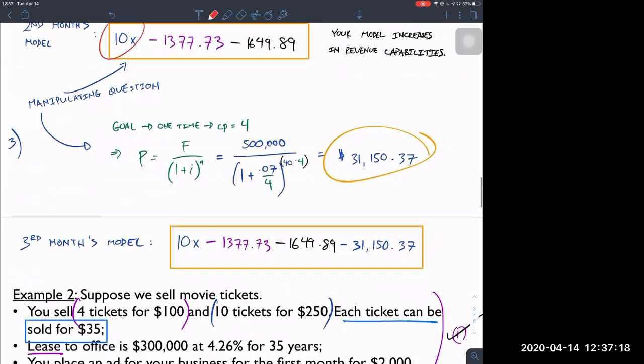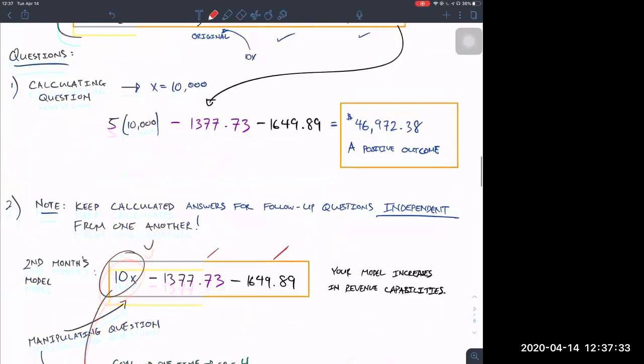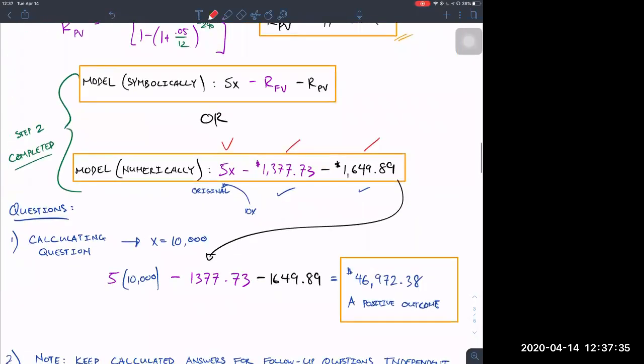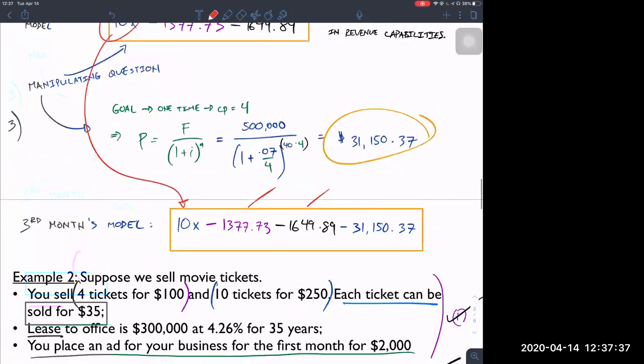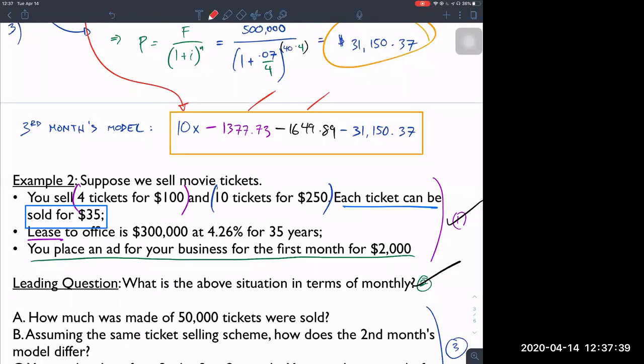Now, when you move to the third month right here, again, notice how that's the recurring payment, and notice how this 10 stays the same, right? There's no reason for you to revert back to the original 5x, which was right here, right? When you're on this third month now, there's no reason to revert back to 5x unless I explicitly tell you.